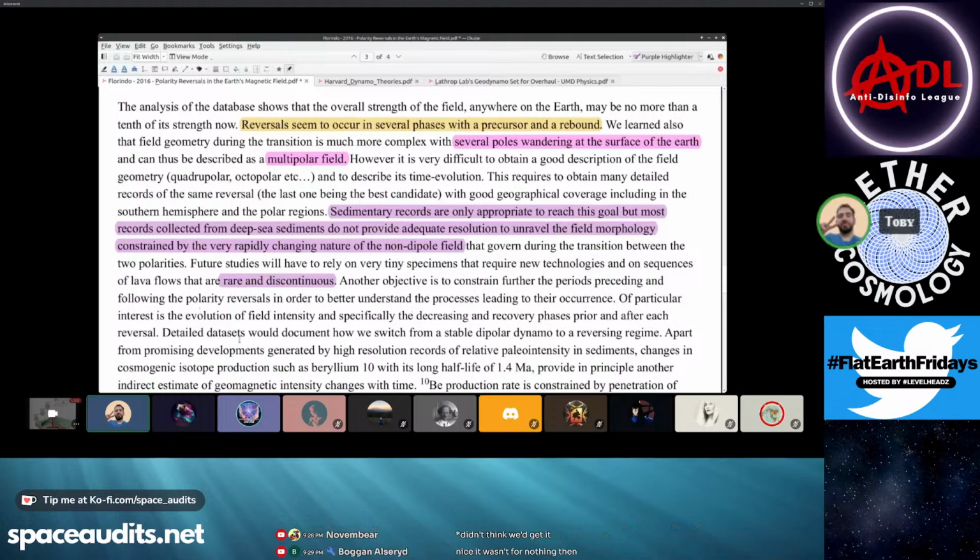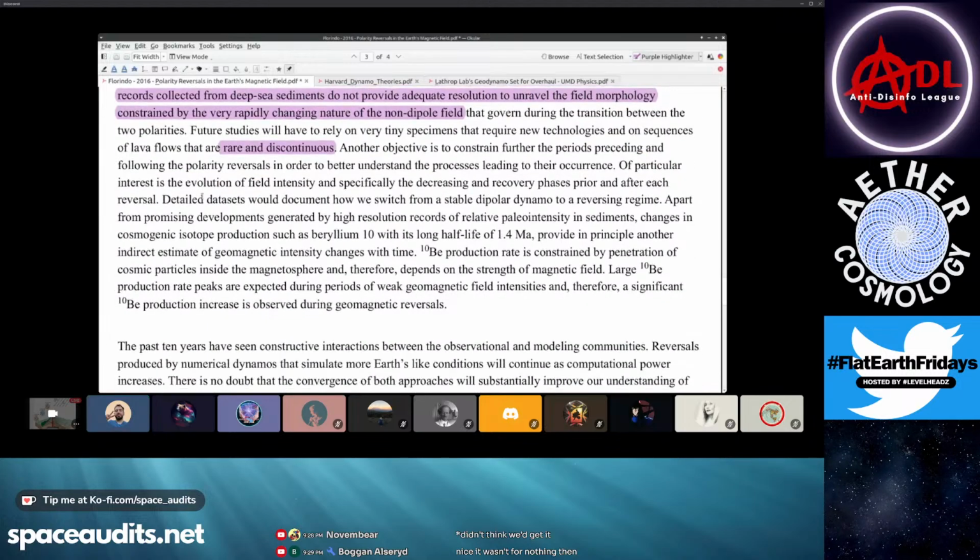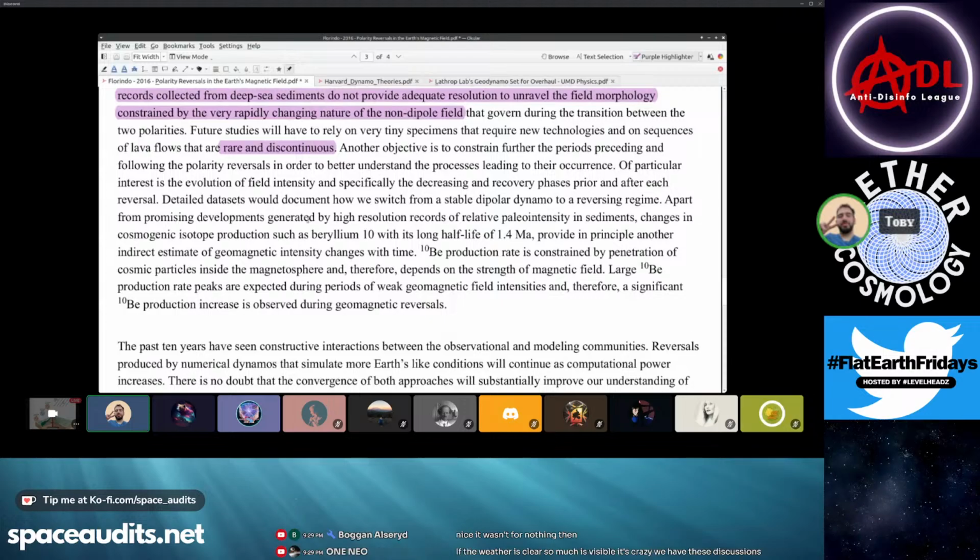Of particular interest is the evolution of field intensity and specifically the decreasing and recovery phases prior and after each reversal. Detailed data sets would document how we switch from a stable dipolar dynamo to a reversing regime.